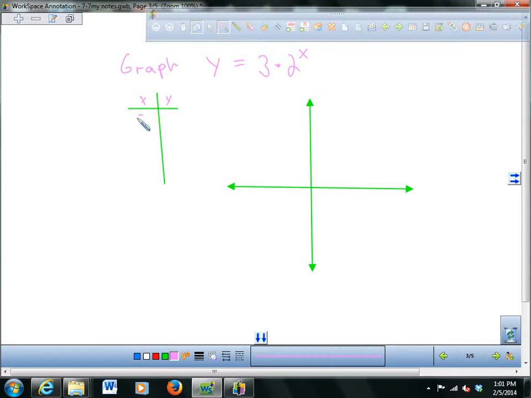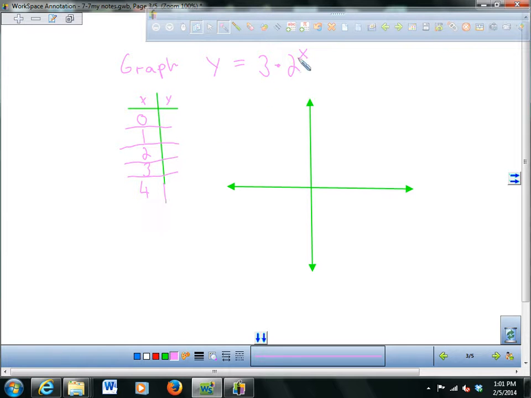Usually I want to start with 0, and then go 1, 2, 3, maybe 4 just for kicks. All right? When x is 0, who can tell me what y is in this exponential function? Who said 3? Very good.